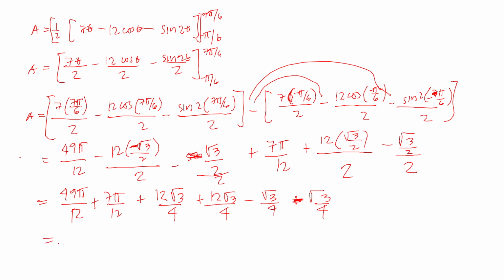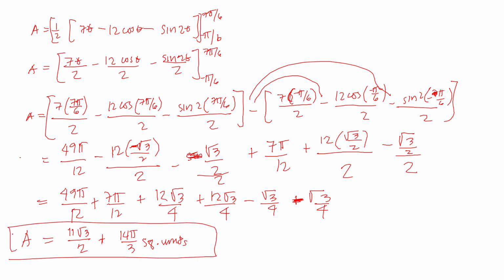If we calculate this, 49 pi over 12 plus 7 pi over 12 plus 12 square root of 3 over 4 plus 12 square root of 3 over 4 minus square root of 3 over 4 and minus square root of 3 over 4. The result is 11 square root of 3 over 2 plus 14 pi over 3 square units.